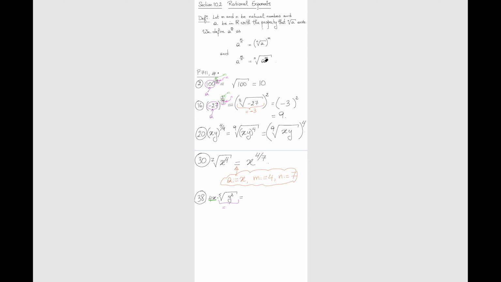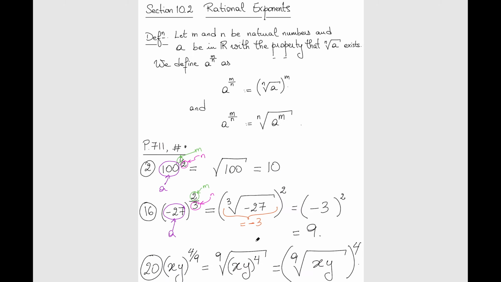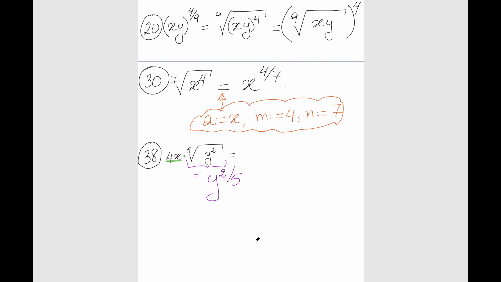The base is y, so a is y, m is 2, and n is 5. So that's going to be y to the power 2 over 5. Right? And as such, this is then 4x times y to the power 2 over 5.